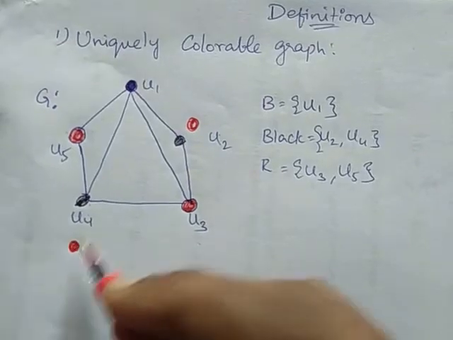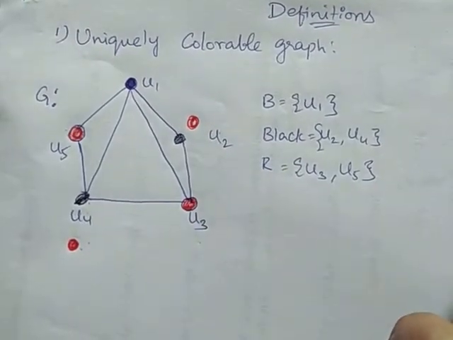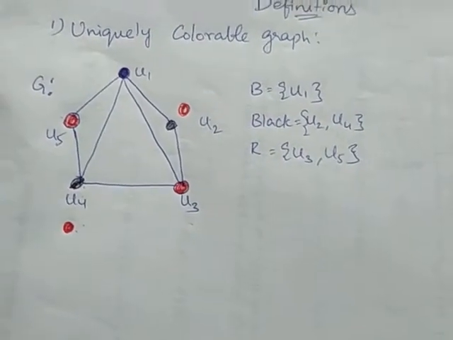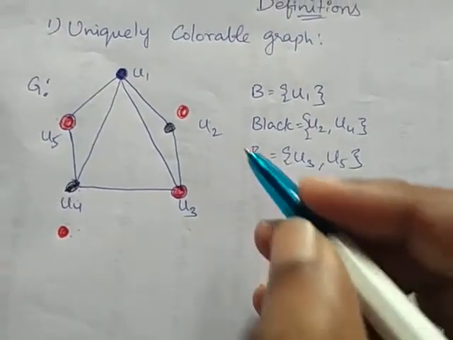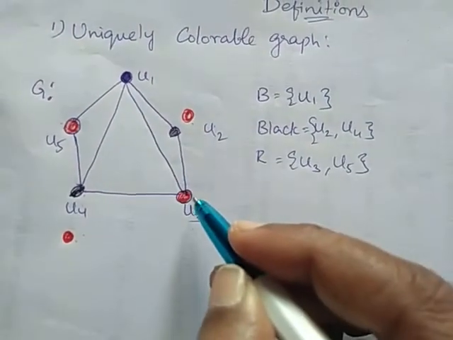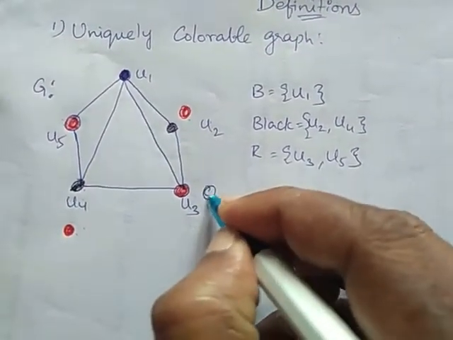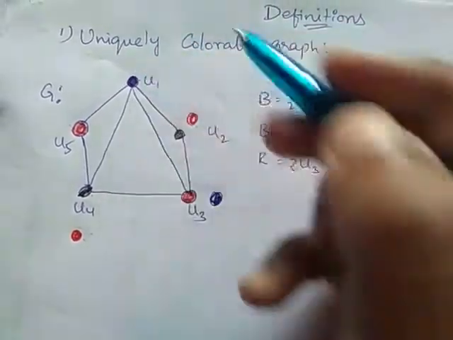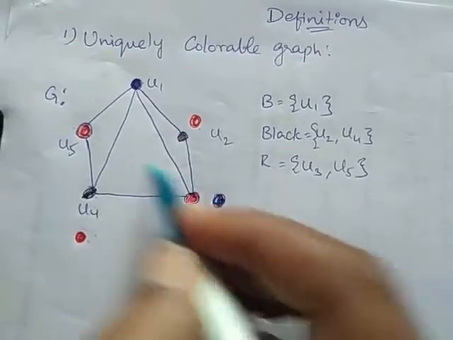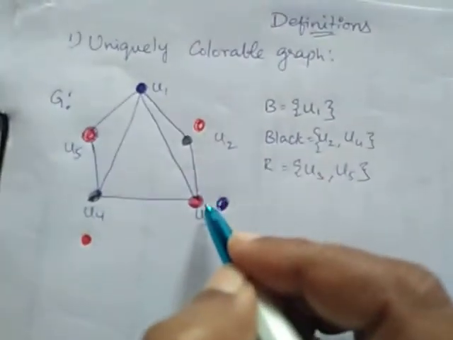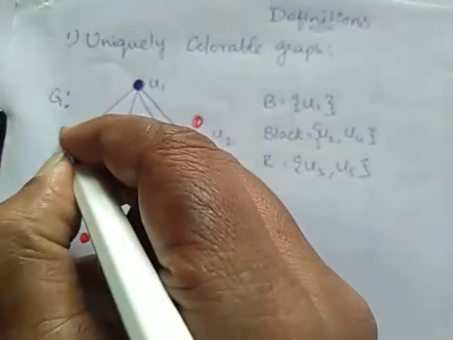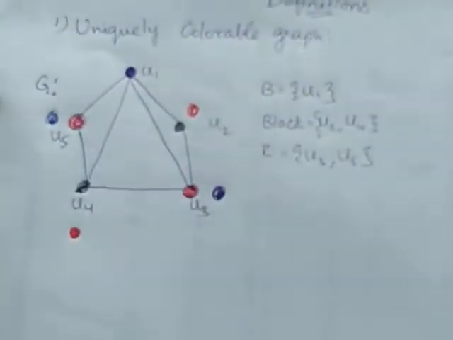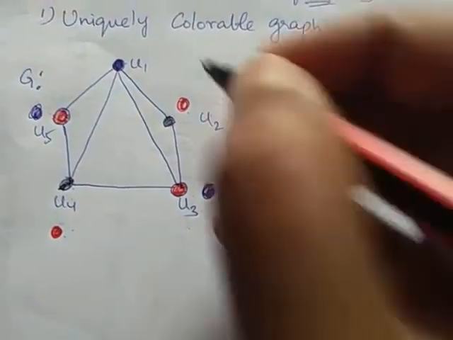So I'll choose red color for U2. U4 and U2 are red now, and U2 is adjacent to U3, so I am taking blue color here. Since U3 is adjacent to U1, no more blue color there, and this is not adjacent to this, therefore this is blue. Now obviously I'll take some other color for U1.